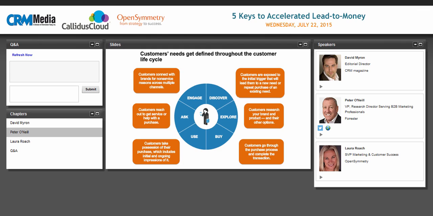In the discover phase, what's happening is that business buyers are discovering that they have a need to do something. They are starting to wonder about how to improve business processes, make them more efficient, more effective, maybe even to transform and combine the business processes.